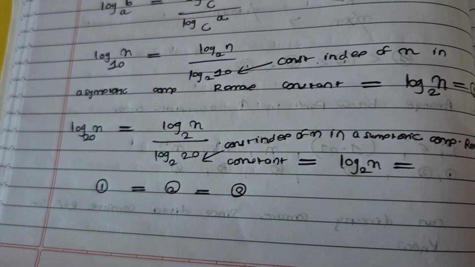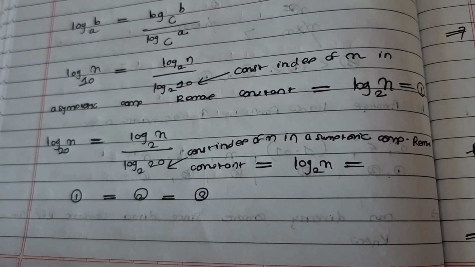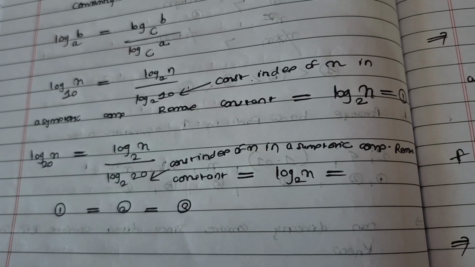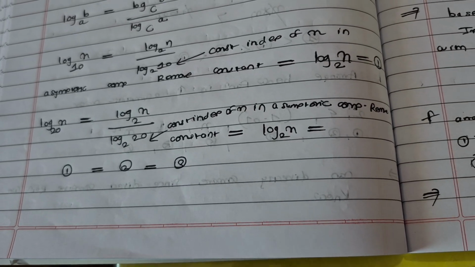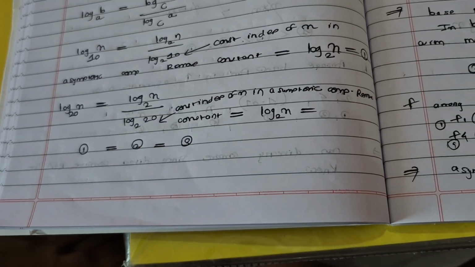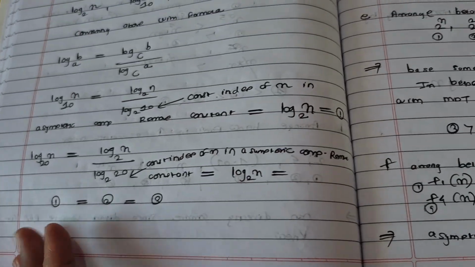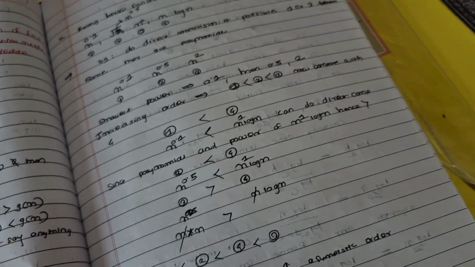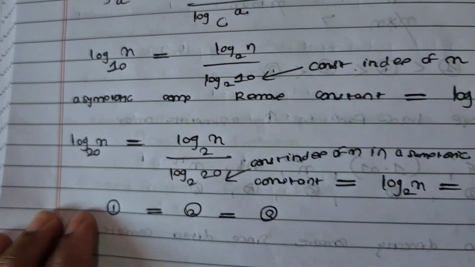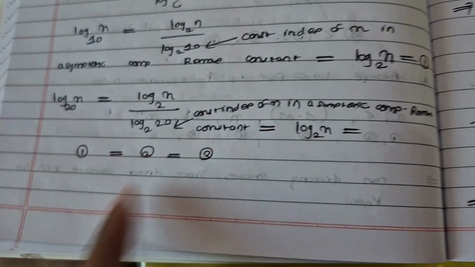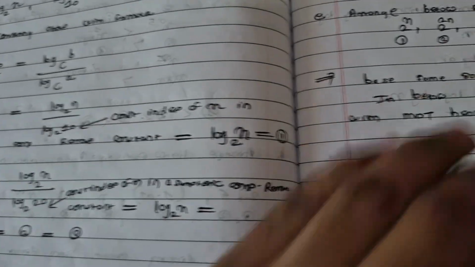You can see here log to the base 2 of 20n, and log to the base 2 of 20 in the denominator would be ignored, and again they are equal.